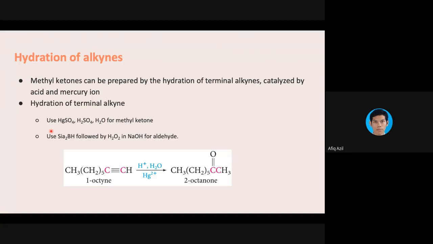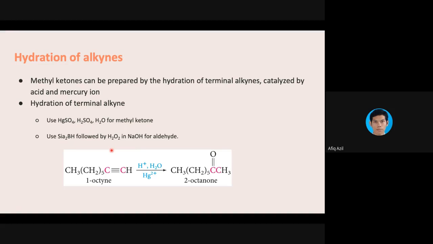But for aldehyde, it will use silicon borohydride, followed by hydrogen peroxide in sodium hydroxide. So depending on the product that you want, methyl ketone or aldehyde, you have to use different reagents.